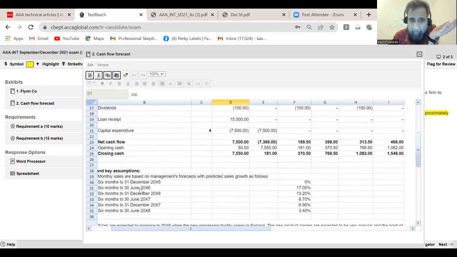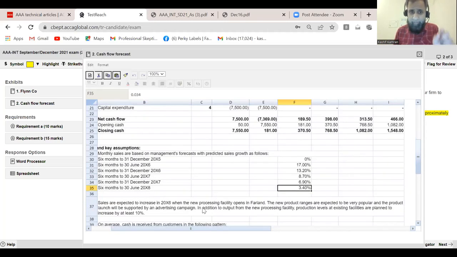Then the 6 months to June, the sales will rise by 17%, then by 13%, then by 8%, then by 6%, then by 3%. So every 6 months, the sales is rising, but the rise is on a declining trend, from 17% to 3.5%.